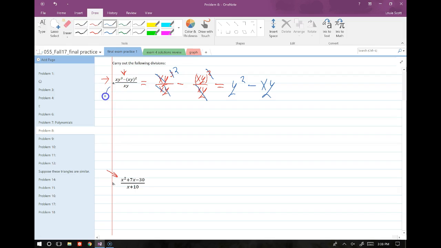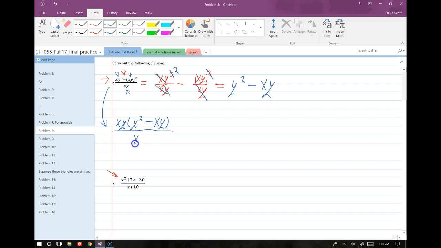The alternate way to do this one would be to realize right off the bat that you have a factor of xy here, a factor of xy here, and also one at the bottom. So you could have pulled the xy's out right off the bat and canceled them. It doesn't usually work out that nice, but just to show you guys that there's a different solution. So you would say xy gets pulled out. What's remaining would be y squared minus xy.